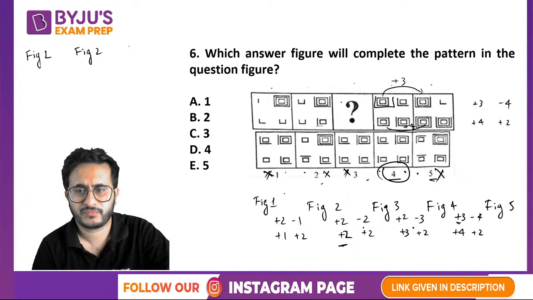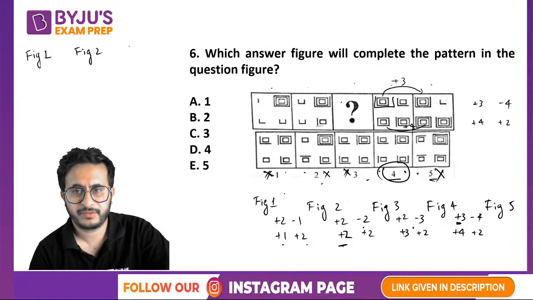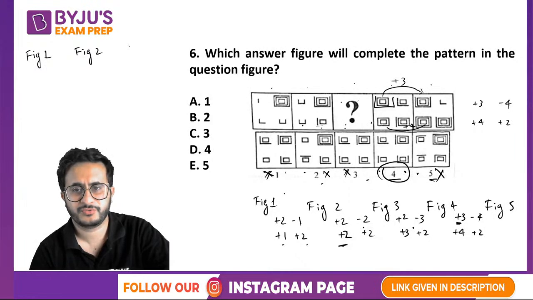That is some odd thing that is happening. But the rest of the 3 follow the pattern in figure 4. Okay, so 2 elements reduced from this to this, 2 elements added from this to this, and 2 elements added from this to this.